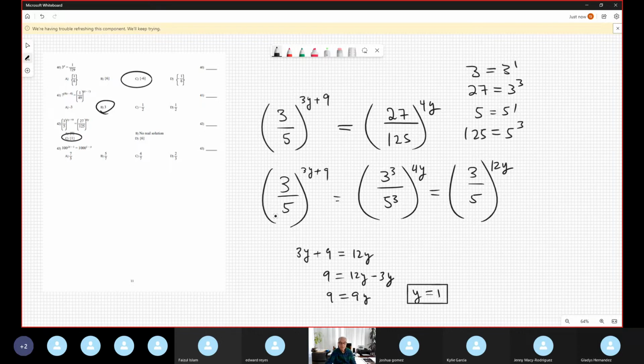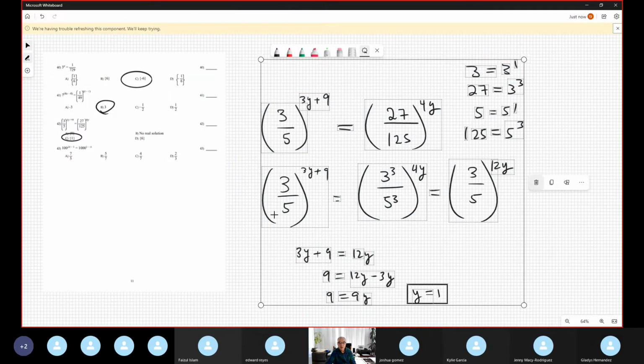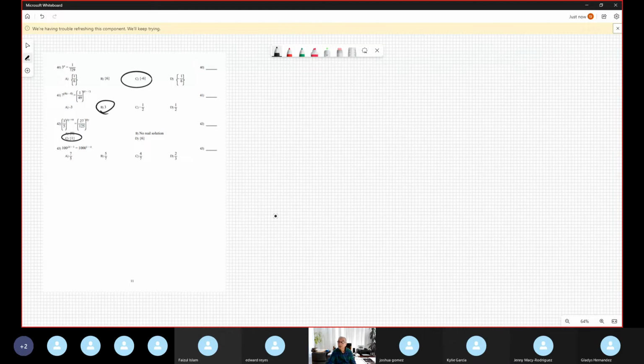Number 43. Any question on this 42? No problem. A little bit artificial, a little bit sophisticated. 43 is 100 raised to the 2x minus 1, equal to 1000 raised to the 1 minus 6.